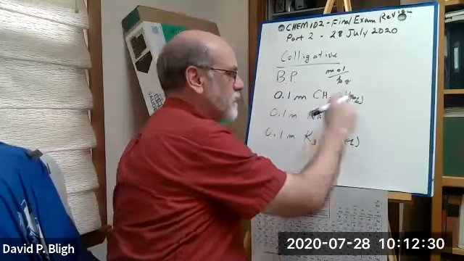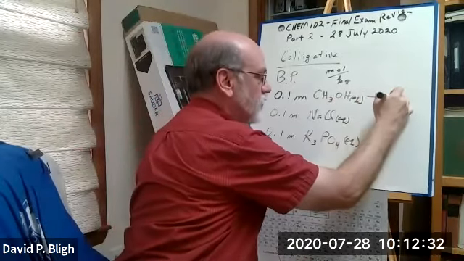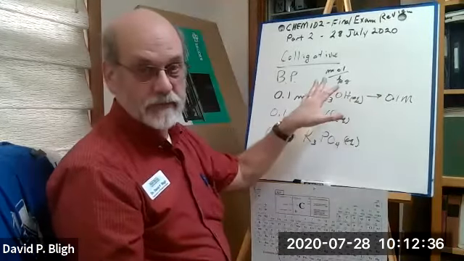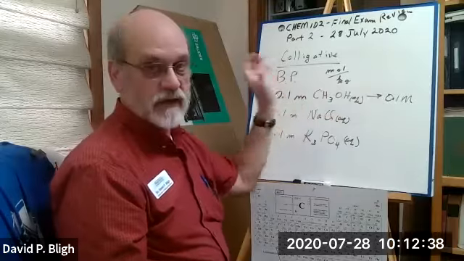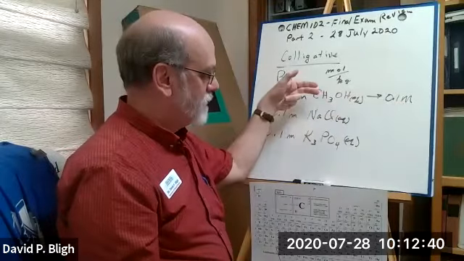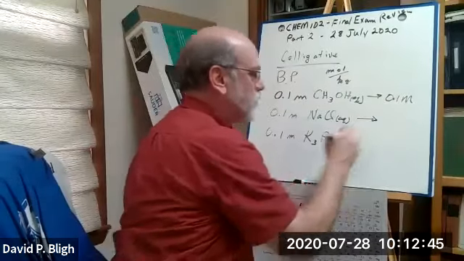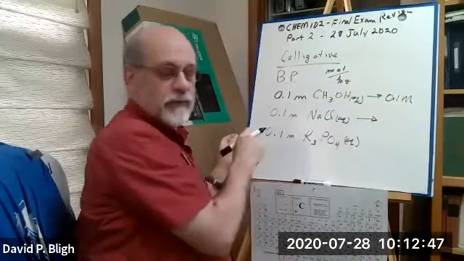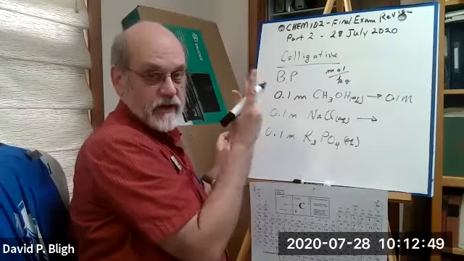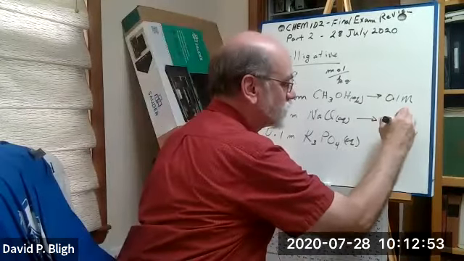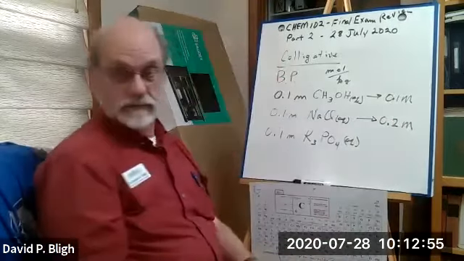This one is still 0.1 mole because methanol does not break apart. Same number of moles goes in and stays in solution. When sodium chloride breaks up, it produces 2 moles of ions and is completely soluble. So its concentration is 0.2 mole.